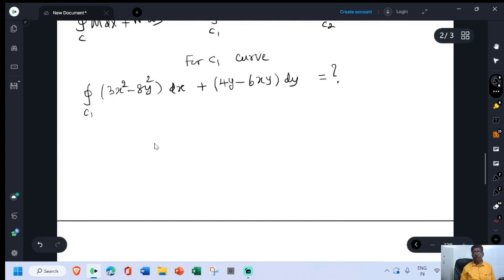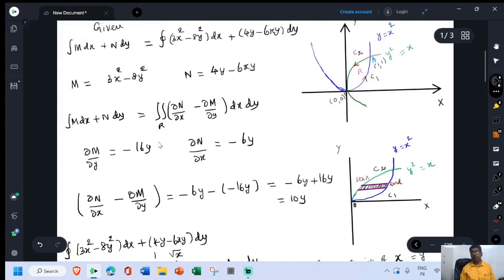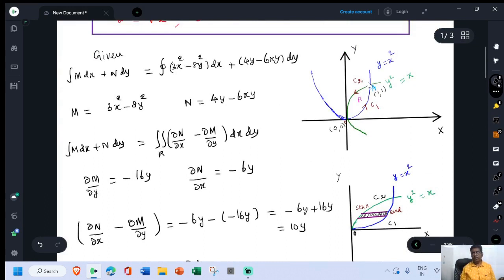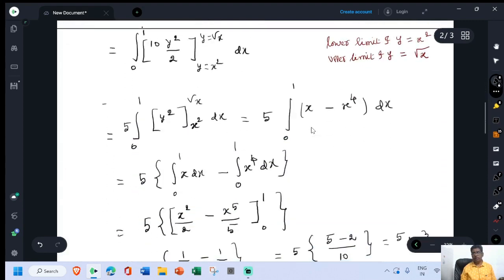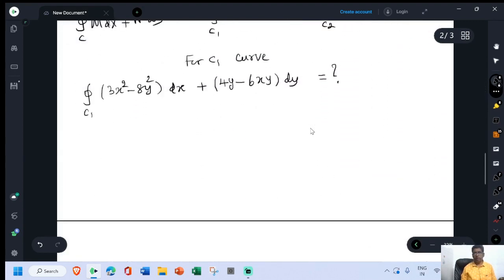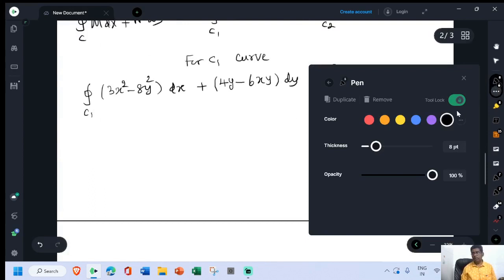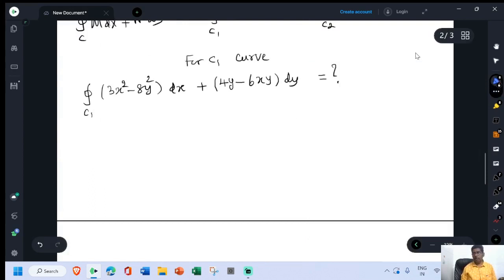Now we should go to the C1 curve. The first blue curve is the C1 curve, and the equation is y equal to x square. Therefore, dy equal to 2x into dx.